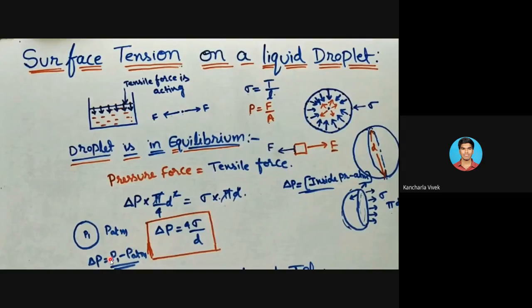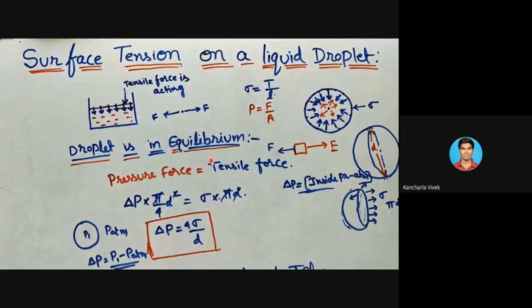Finally, what do we get? That is P1, the pressure inside the bubble. So always this pressure must be more than the surrounding atmospheric pressure. For the change in pressure, you will always subtract the lower value from the higher value, right? So this is the condition when the droplet must be in equilibrium.